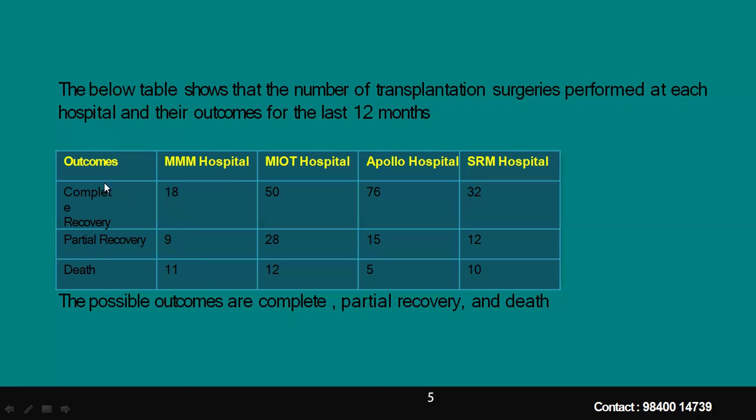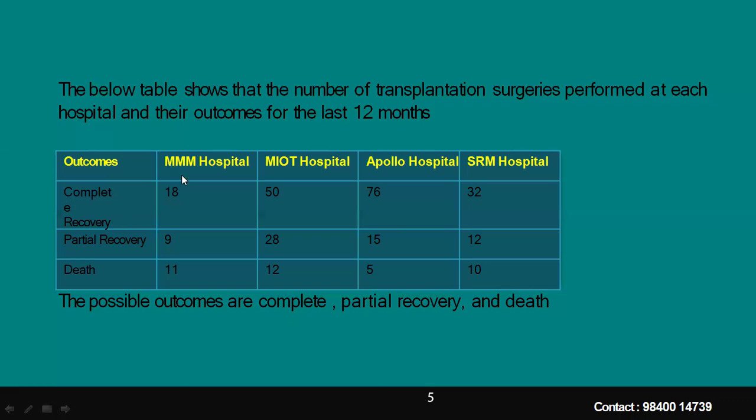Okay. So there are two categories. If you want to find out the relationship between the outcome column and the name of the hospital, obviously the outcome also depends on the hospital. The outcome varies from one hospital to another.